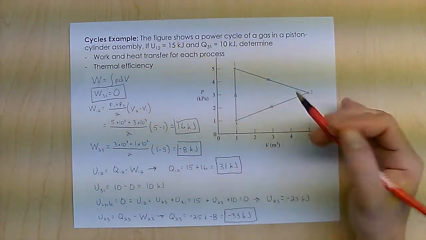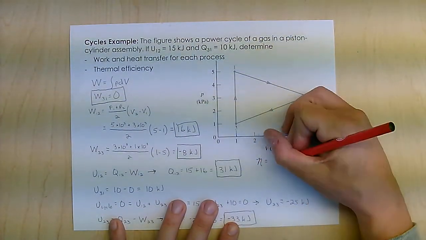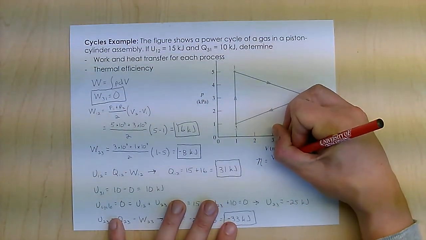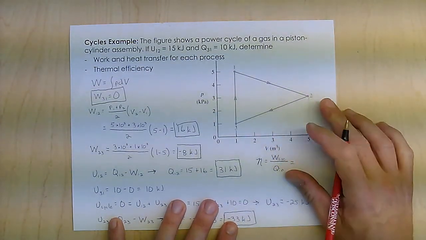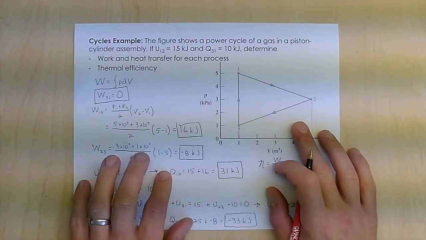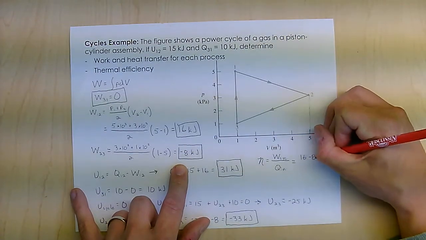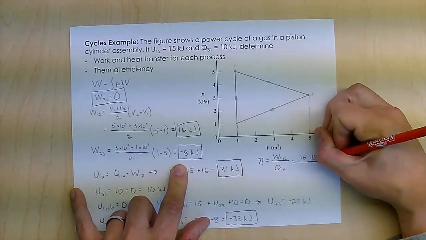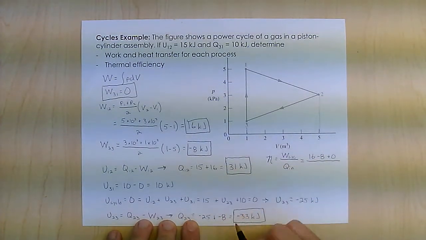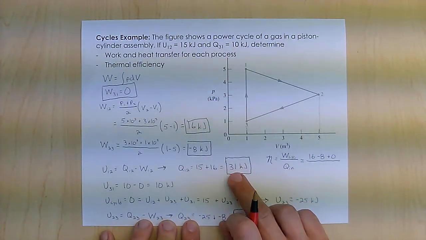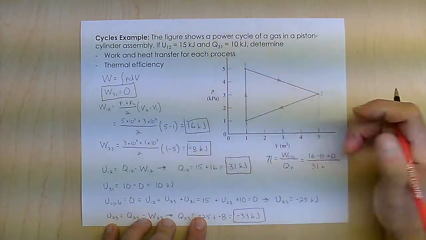So now I've got all my works and all my heat transfers. The last thing I need is my thermal efficiency, which is basically the work of the cycle over Q in. The work of the cycle is just adding up all of my works, which is 16 minus 8 plus 0, divided by my positive heat transfers, because that's Q in, which is 31 plus 10.